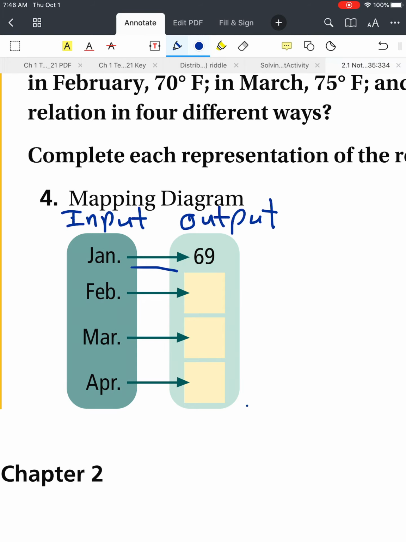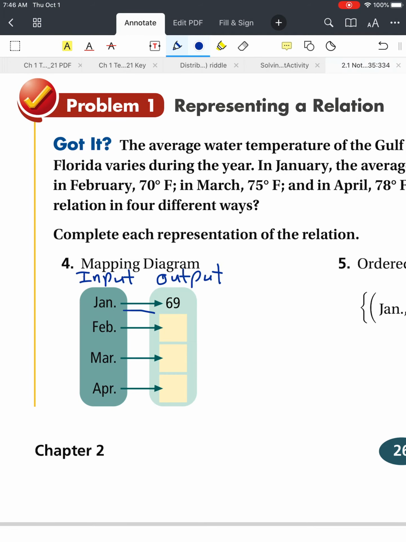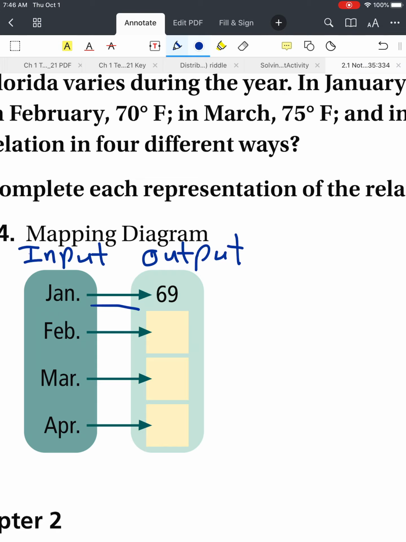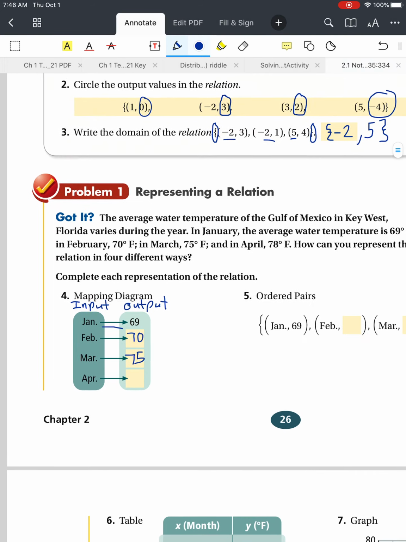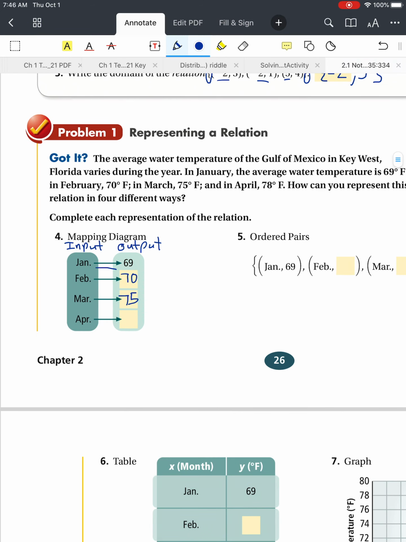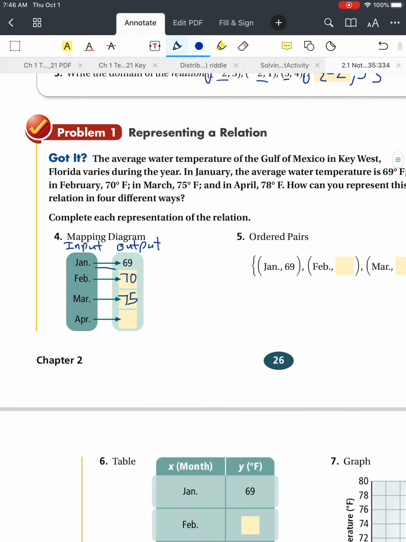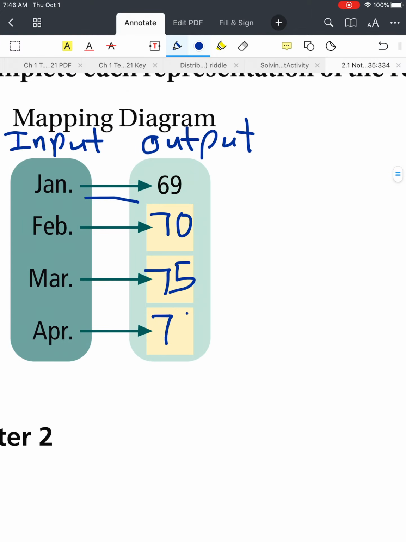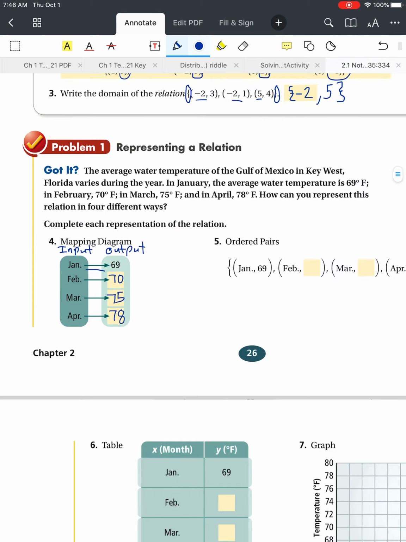Okay, so February is 70. March was 75. And what was April? 78. So I gotta zoom in when I write. April is 78. Okay, so that's a mapping diagram.